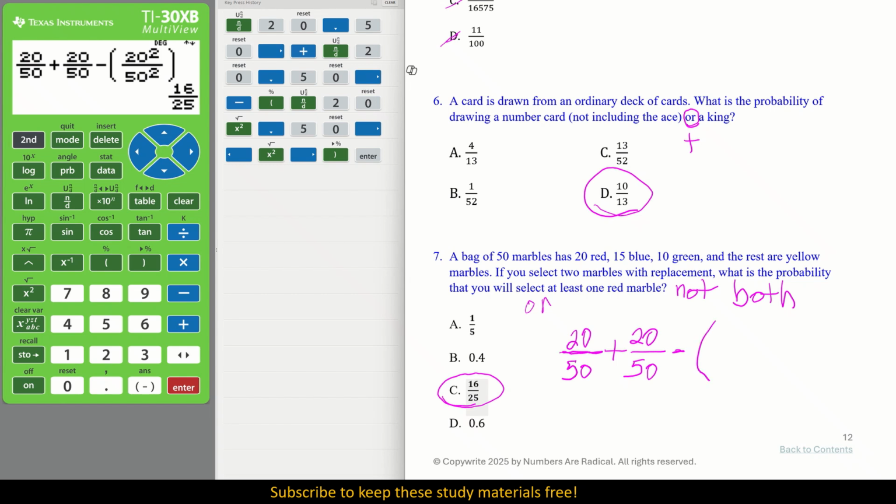But on the subtraction, you have to say 20 out of 50 times 20 out of 50. Okay, so what I did is I just squared them both because it's the same thing. And when you're trying to take the test, if you can see that, you will actually save yourself quite a bit of time.